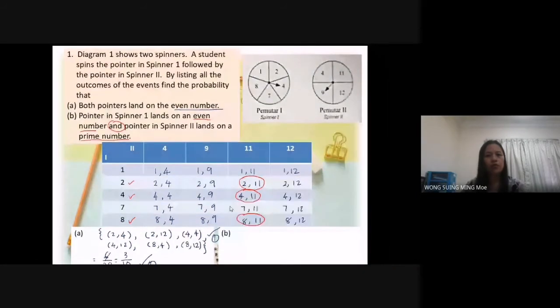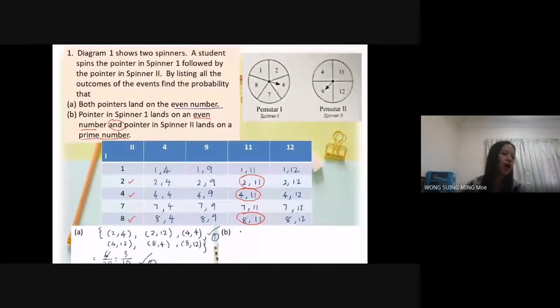Now again, we need to list out all the possible outcomes. So 2, 11, 4, 11, and 8, 11.